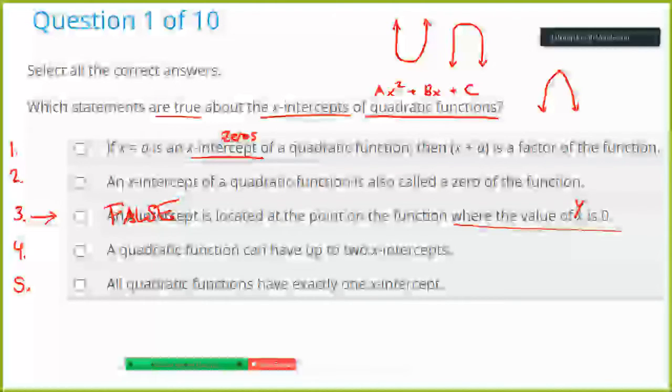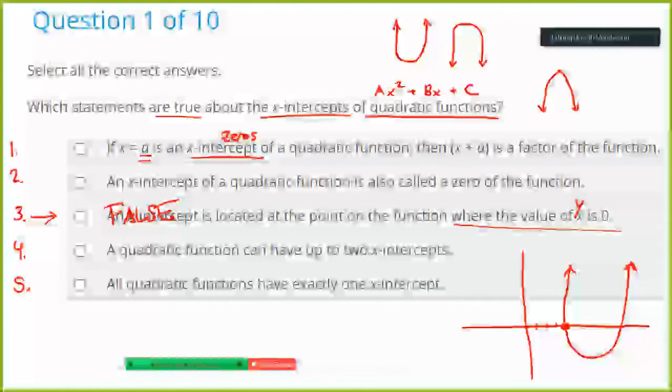So they're saying if x is equal to a, so a is some number, let's see what that looks like in a hypothetical. So here's our hypothetical parabola graphed out, quadratic graphed out. Here is one of the x-intercepts in our hypothetical. Let's call that a. Okay, this is like a units away.